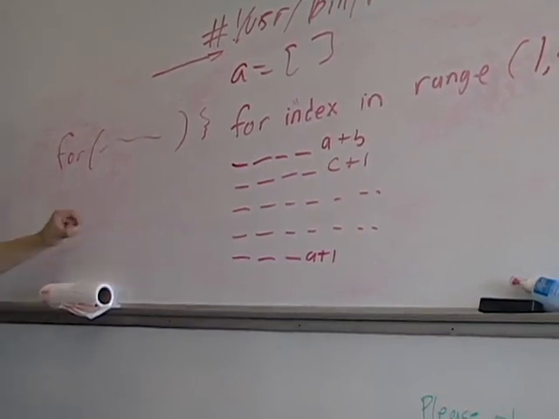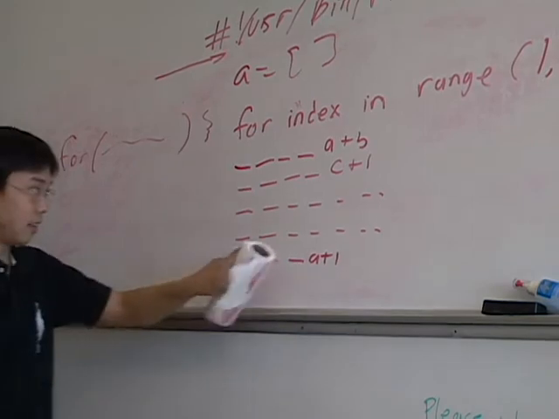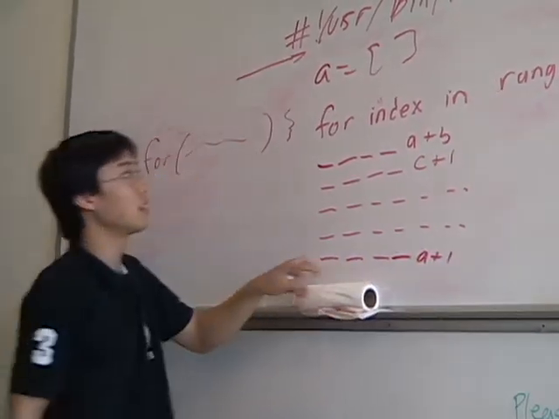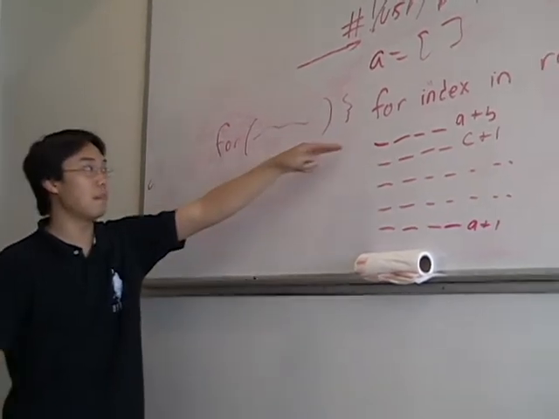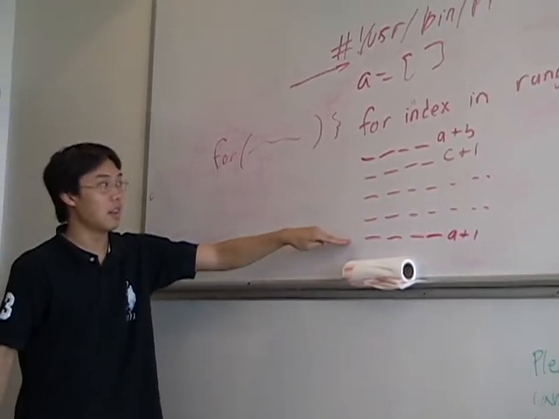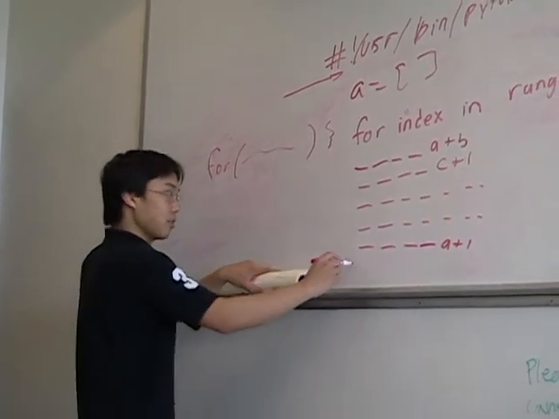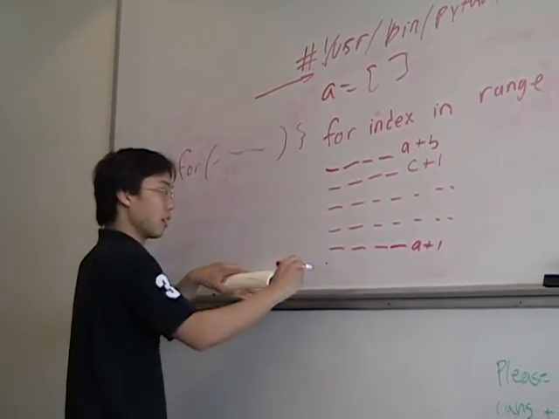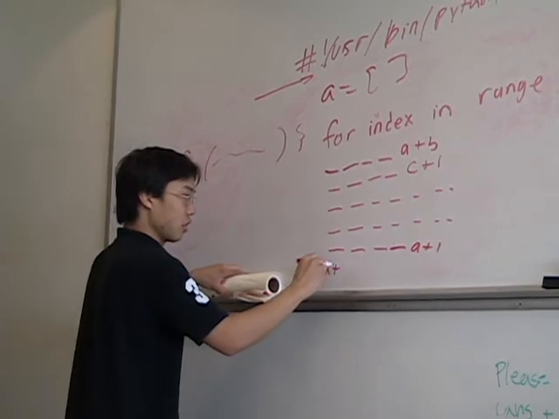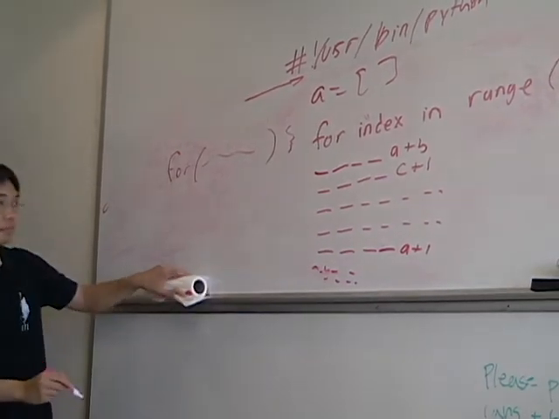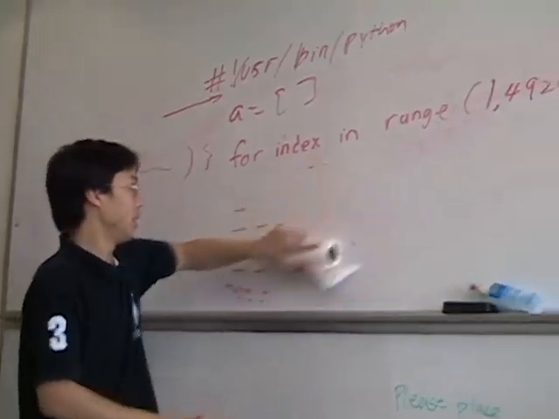You get an error, and the only way to fix it is actually add a space and then do this. So you have to keep it indented. And to end your for loop block, you just don't use spaces and just continue on with your code.